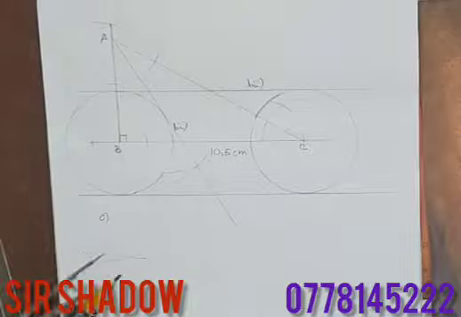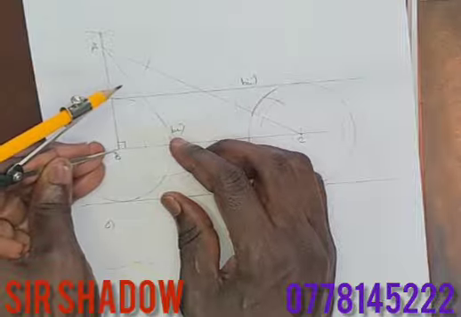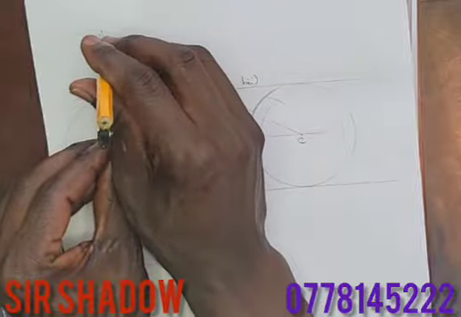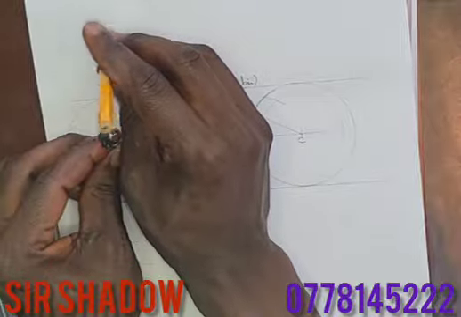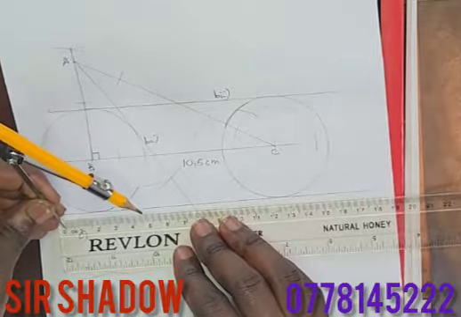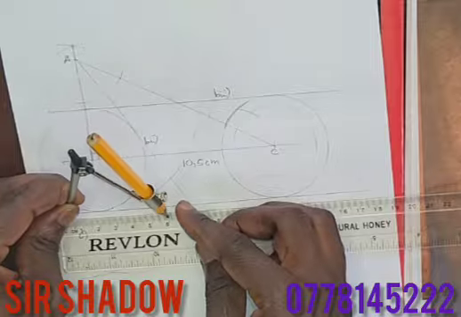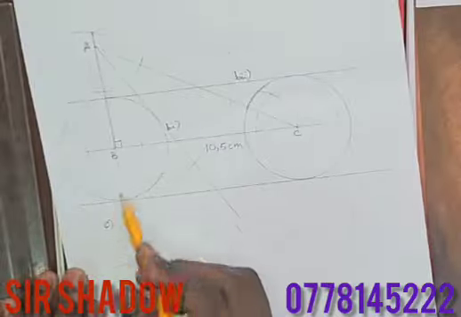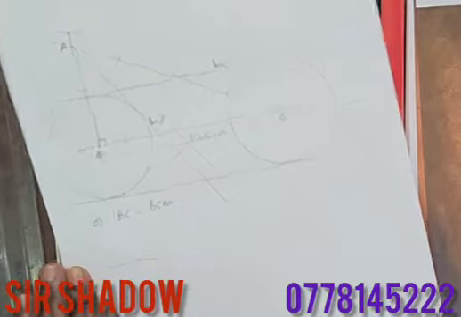Or you can use your compass to measure, from this point up to this point, then use your ruler to check the length, or just use your ruler straight forward, which is 6 centimeters. So BC is equal to 6 centimeters.